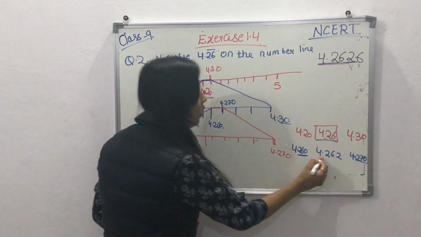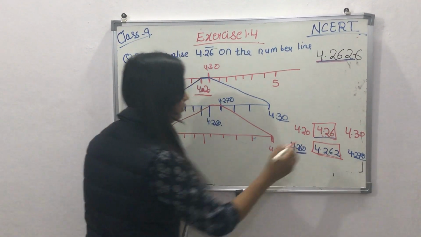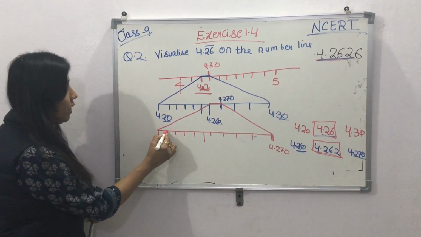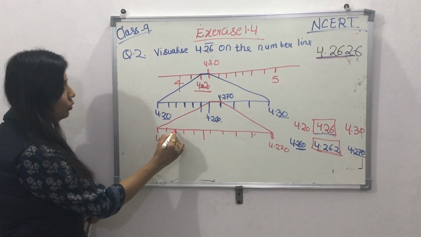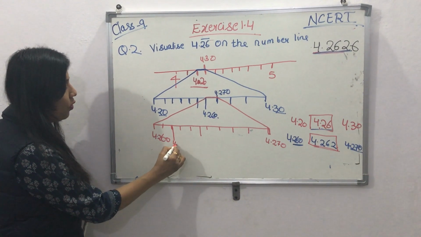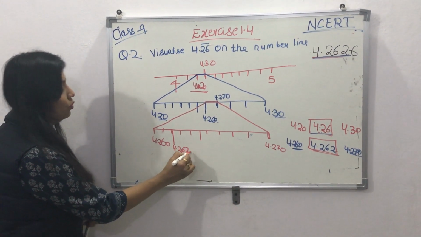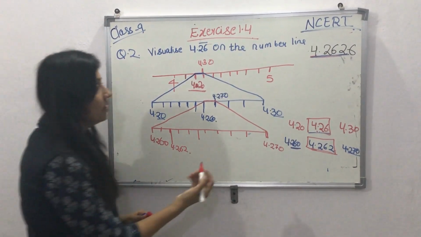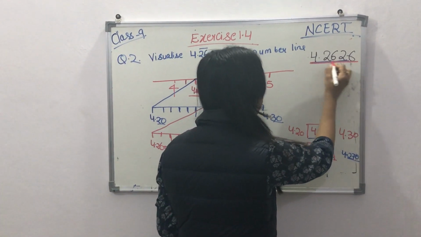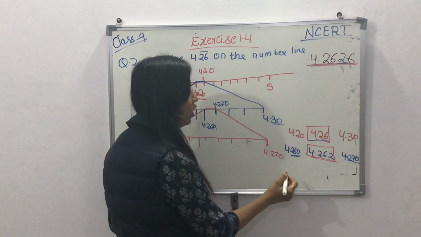I want 4.262. So this is 4.261, 4.262. This will be my 4.262. Now the next number is 4.2626.